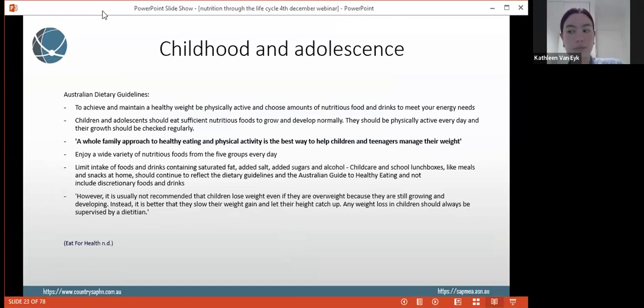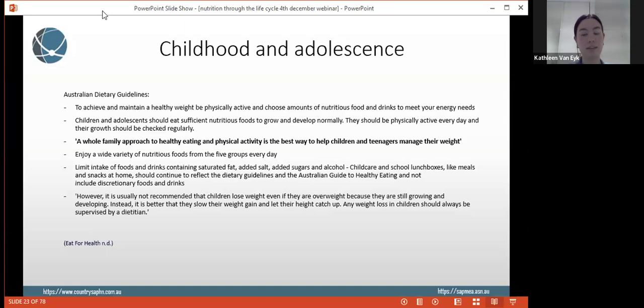Very similar to the adult guidelines, which I'll also go through, we're looking at maintaining a healthy weight and physical activity and nutritious food to meet the children's energy needs. We do need a certain amount and a wide variety of different foods to meet needs and to grow and develop normally. And that includes some physical activity most days of the week.